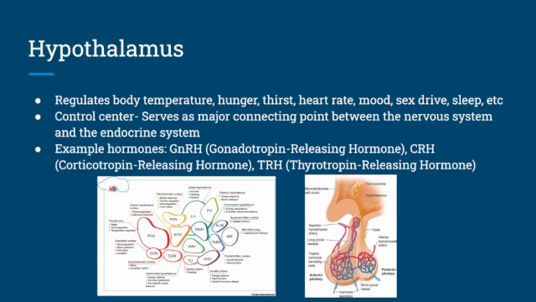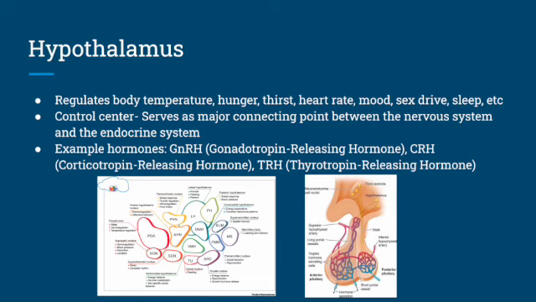As you can see in the picture on the right, it has a pituitary stalk that connects the hypothalamus to the pituitary, which has those two vascular networks on the bottom there.